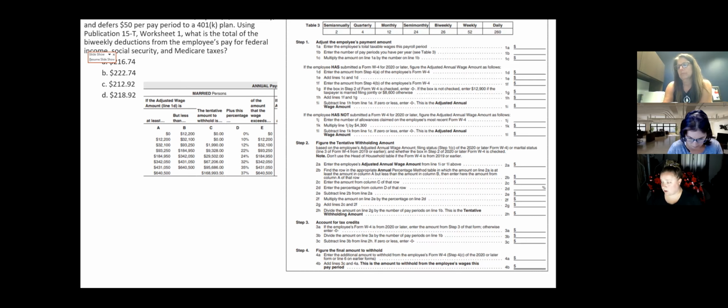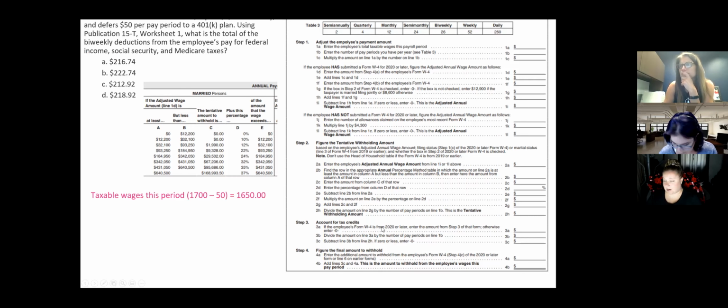What is the total of the biweekly deductions from the employee's pay for federal income, Social Security, and Medicare taxes? So this one, we're doing more than just federal. We're doing all of the taxes. And I'm going to help you with this one, especially because the top is cut off. So it's kind of hard for you guys to do the calculations.